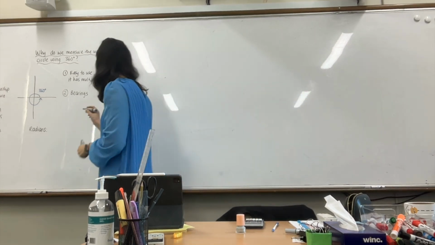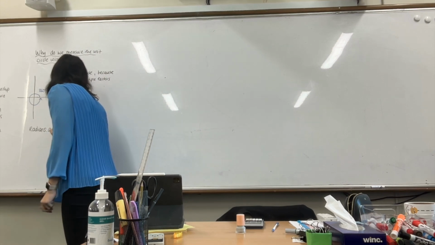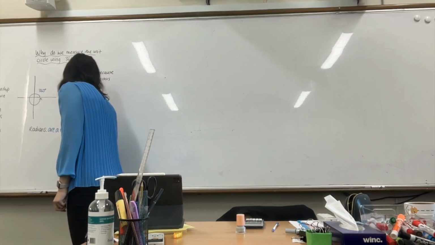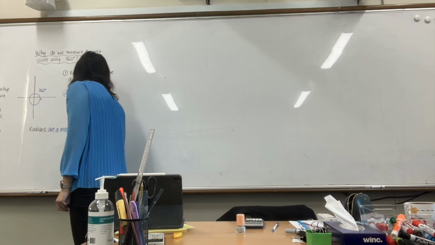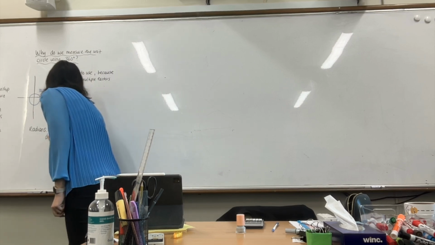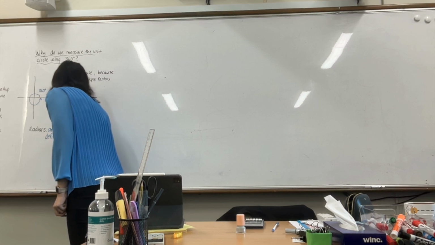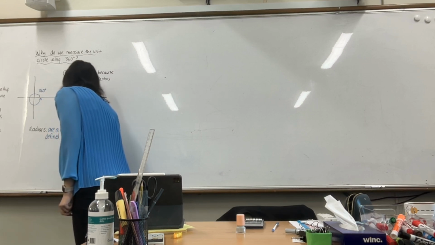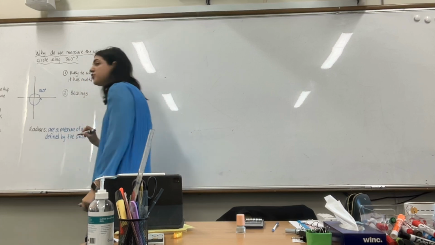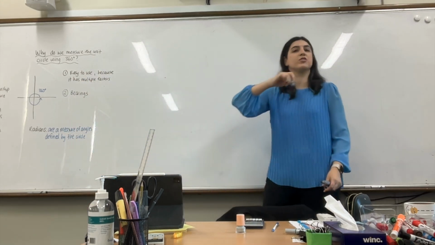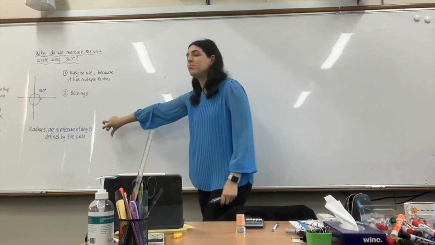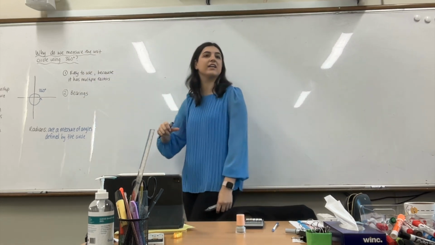So here I'm going to put our measure: angles defined by the circle. Notice with degrees we can keep on going, but my radians is specifically for when I'm looking at circles.